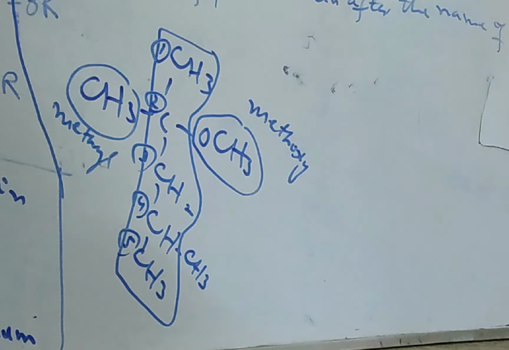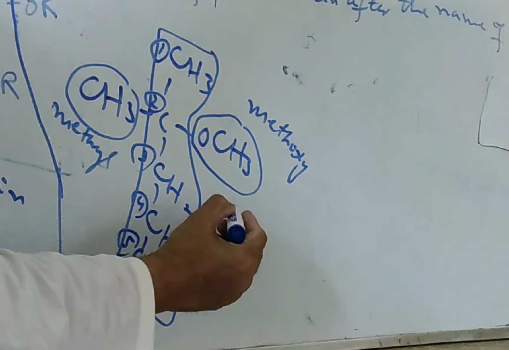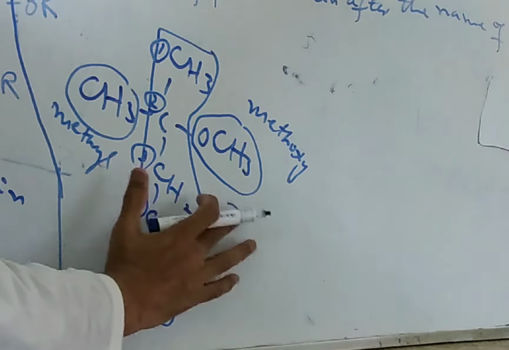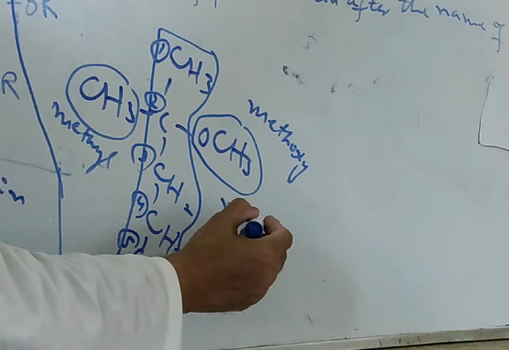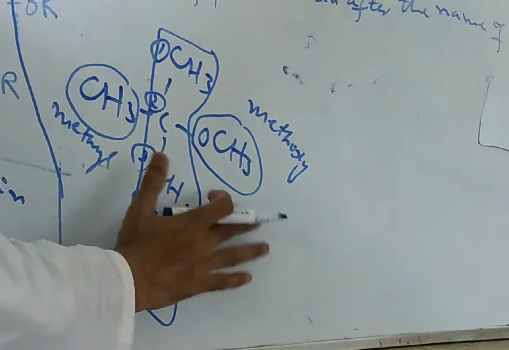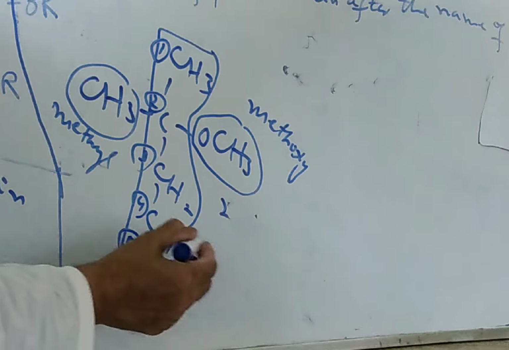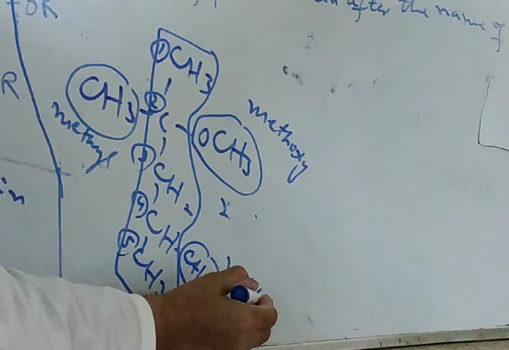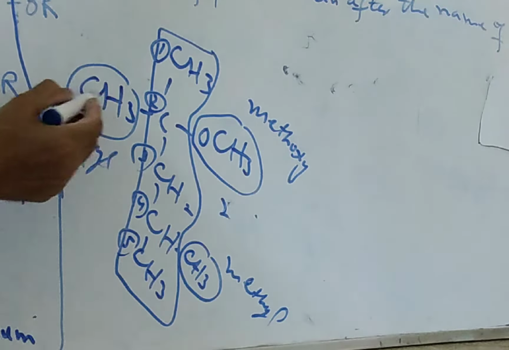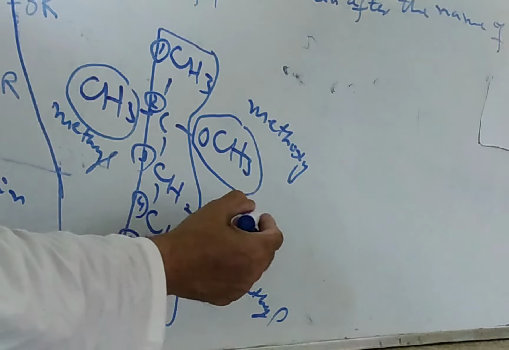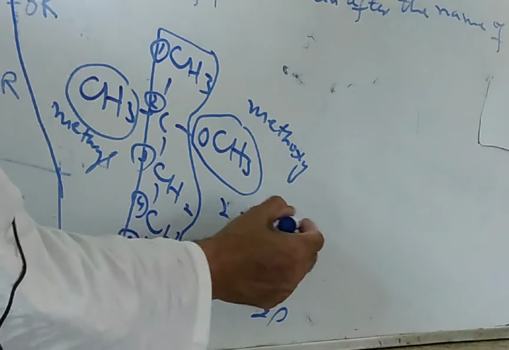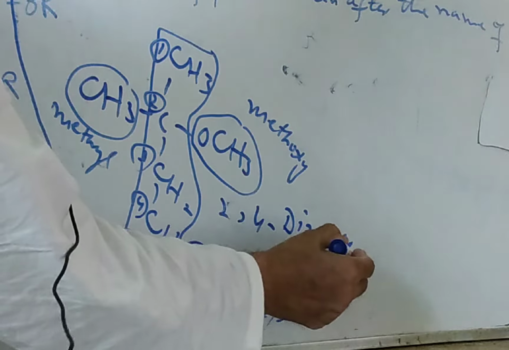So according to the rules, we can say that the methyl comes on the 2 position. This is the 2, and this is again a methyl group, so this is the 2 position, and this is the 4. So 2,4, this is called the dimethyl.